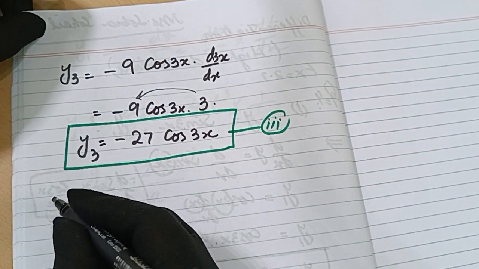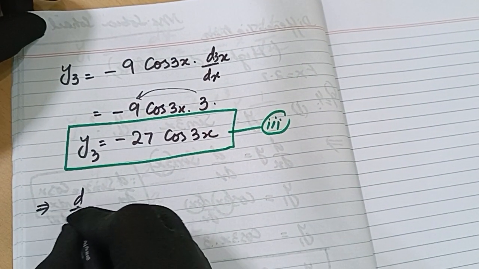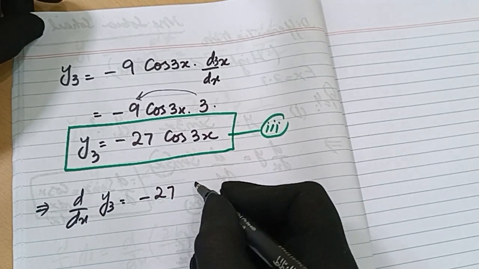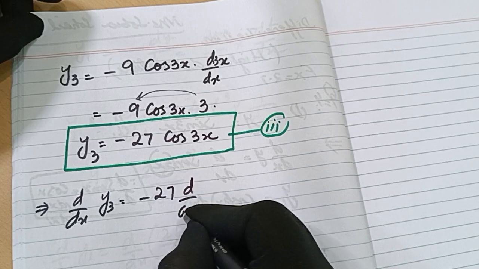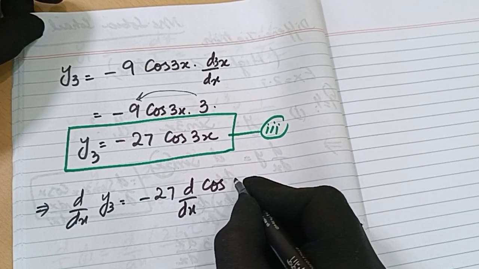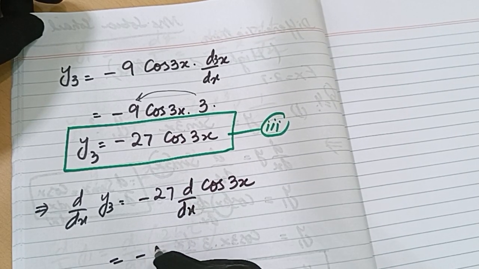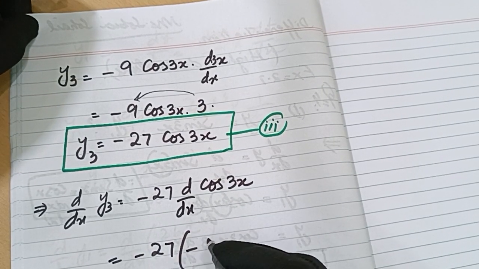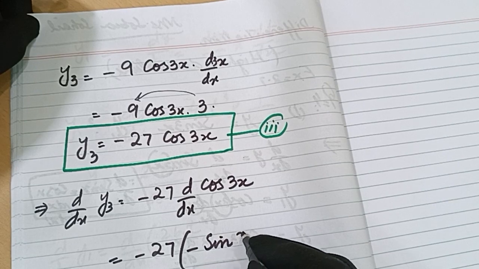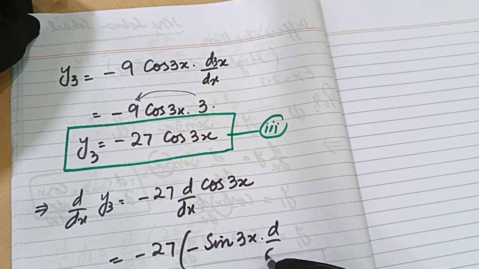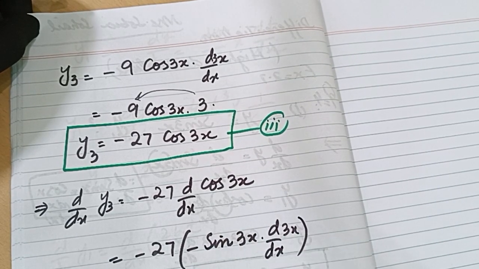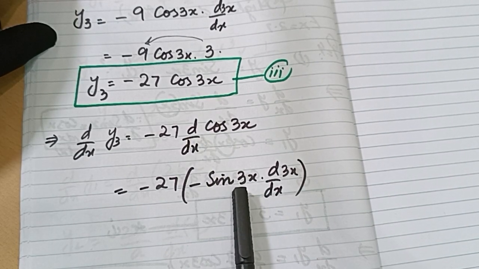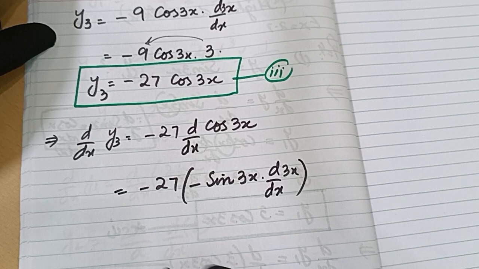Again we will take the derivative of y3, that is minus 27. The constant number I write outside of the derivative, because the derivative will be applied on the trigonometric ratio. Using the derivative of cos, which is minus sine of the same angle, and then the derivative of the angle.